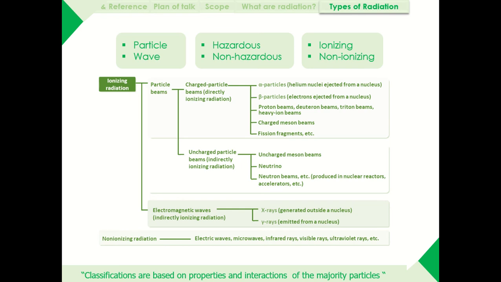If you take a collection of particles, some may be particles, some may be represented as a wave, some may be hazardous, some not hazardous, some may leave our body without leaving any signature, and some may have effects on our body. So all the particles may not have the property of ionization, but the majority can have ionizing or non-ionizing properties.